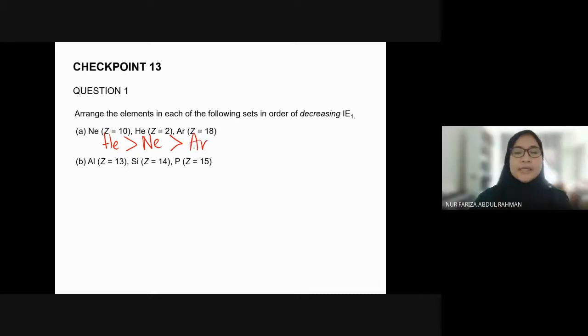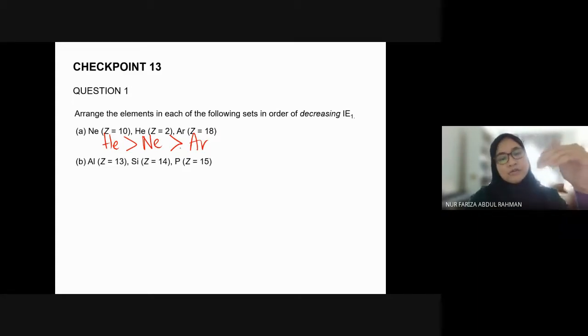Okay, so do they come from the same period or do they come from the same group? Same group. Okay, so bila kita dah identify this important factor, okay, once we have identified this important factor, we can straight away identify whether it should be based on Z effective or it should be based on the shielding effect.